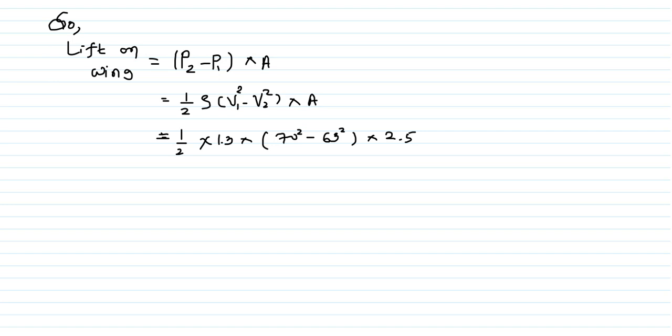So when you solve this, your answer will be 1512.9 Newton, or you can say 1.5 into 10 raised to 3 Newton, right? So it is the lift on the wing.